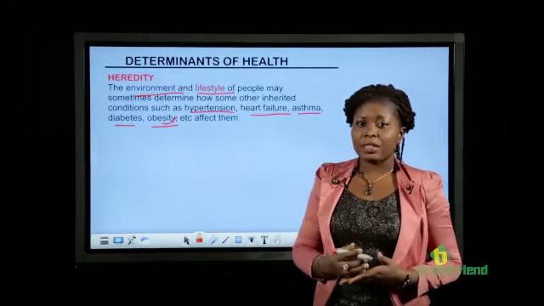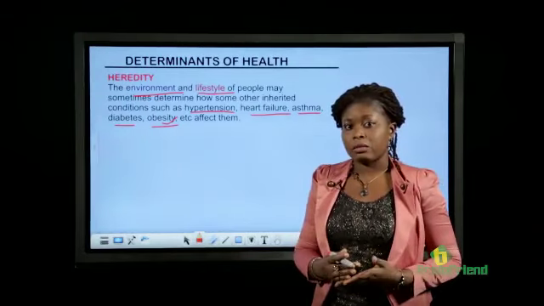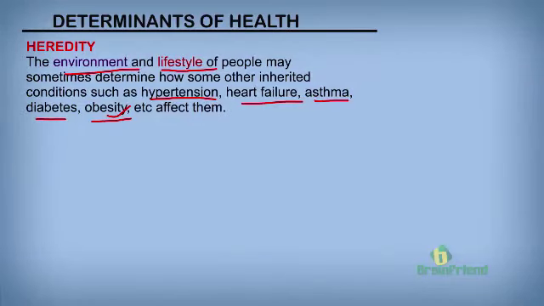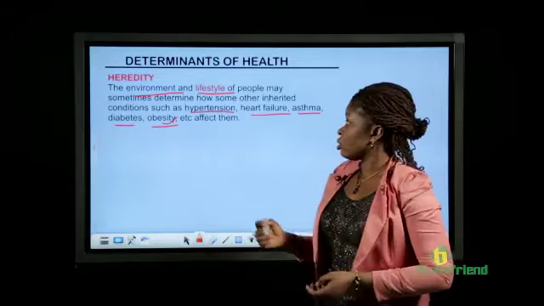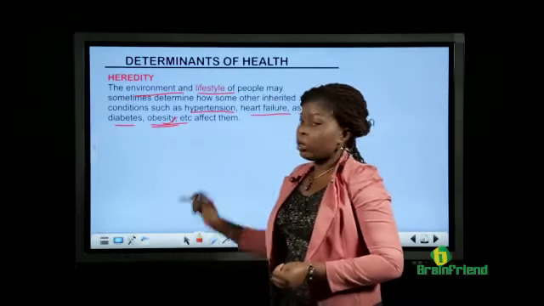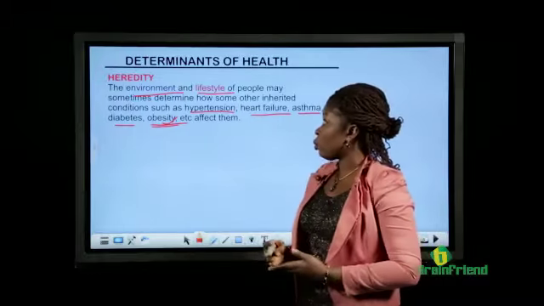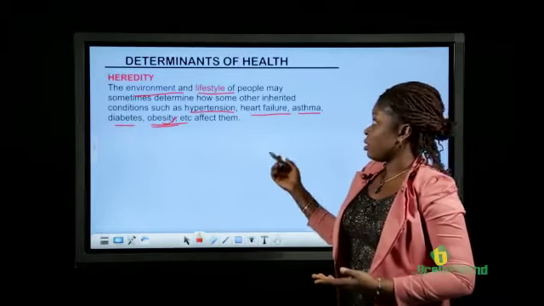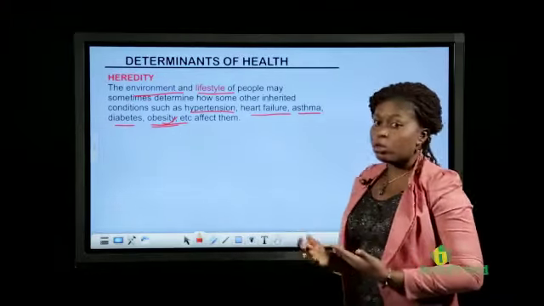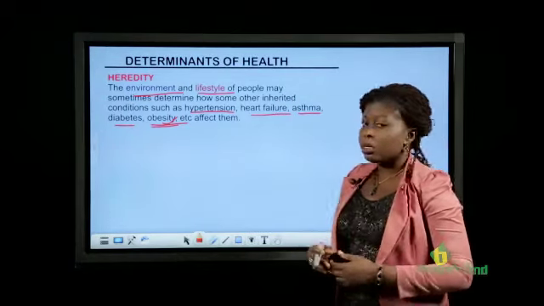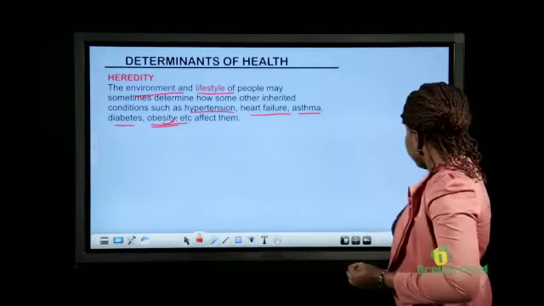But if they have a lifestyle that is quite clean, eat balanced diets, do regular exercise, and have a healthy social life, such inherited condition may not affect them as such. So, environment and lifestyle have a big role to play in some inherited conditions.